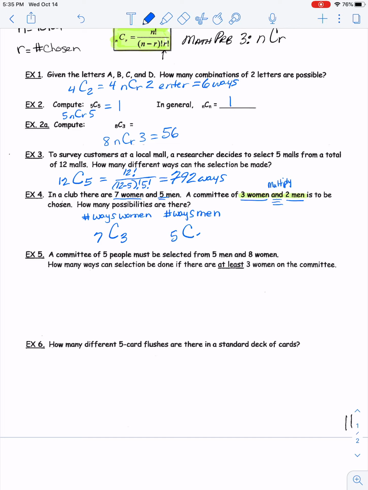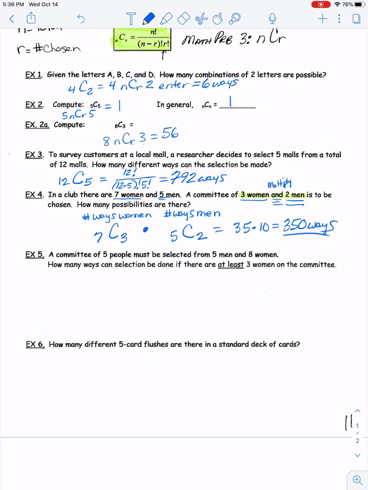We need to choose 2 of them. And the "and" tells me to multiply those 2 values together. So individually, I come up with 35 times 10. That tells me there are 350 ways to select that committee.